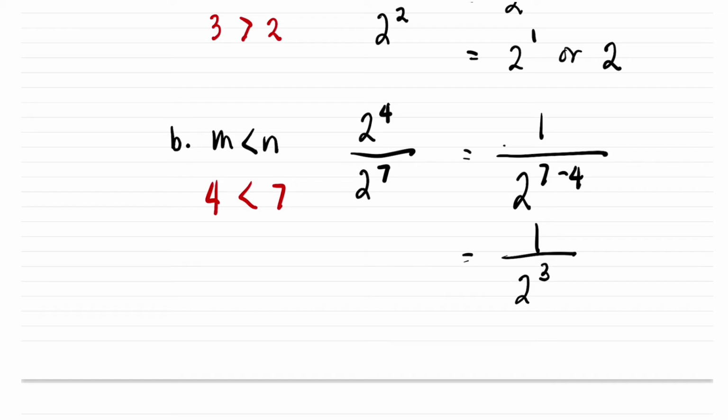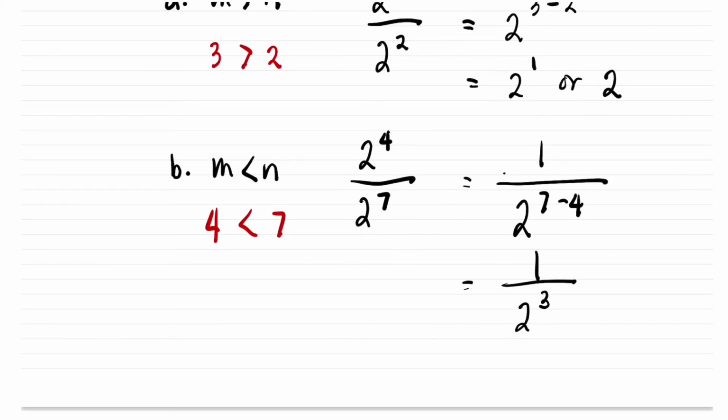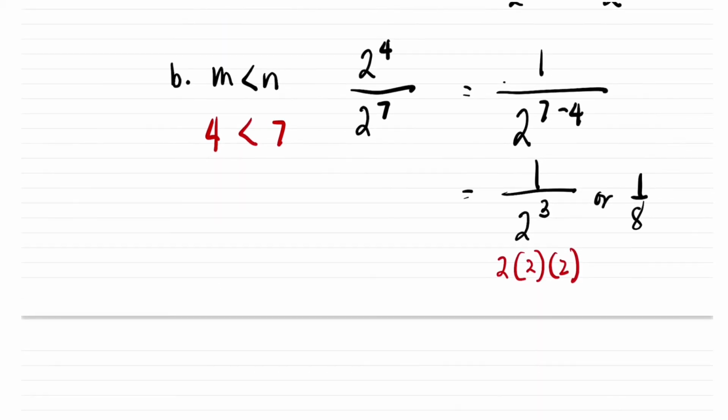We can simplify that further. It becomes 1 over 8, because this is just 2 times 2 times 2.